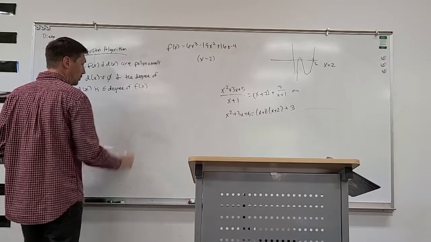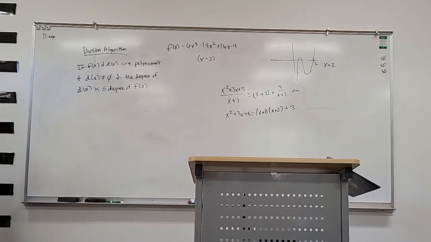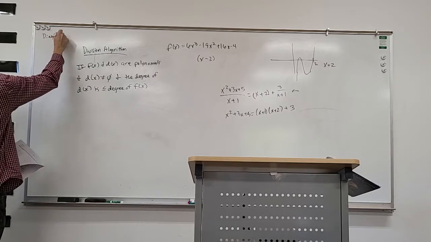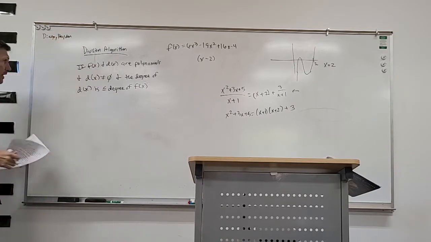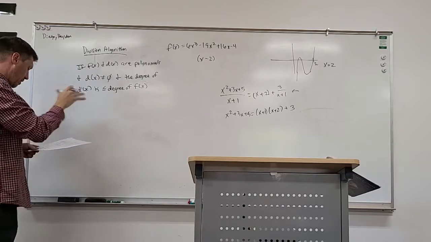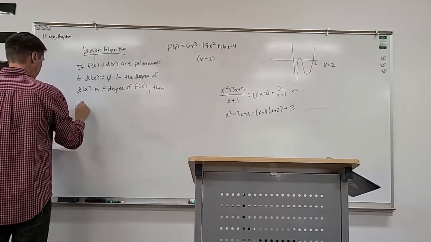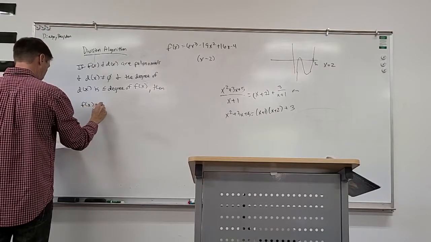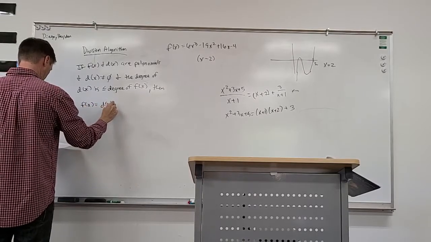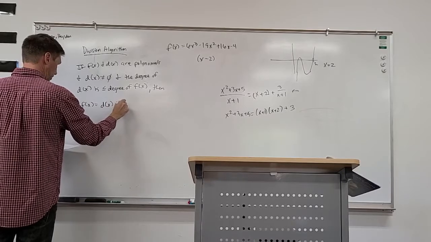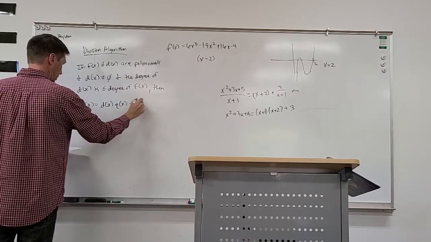What does degree have to do with? The highest power. The highest power of the x term, right? Of the x terms in the function. All right, so if all that's true, then we can say f of x equals d of x times q of x plus r of x.